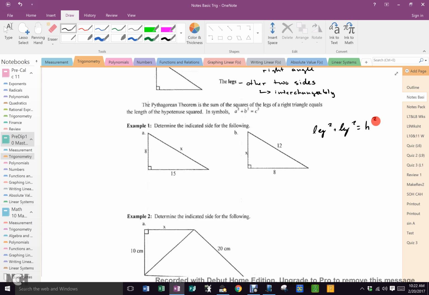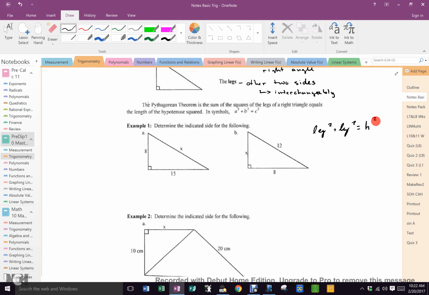It is across from the right angle. That's how you want to define it. Because then, no matter how you turn the triangle, or more importantly, whatever the triangle looks like, you can find the hypotenuse. Because it's always across from the right angle.